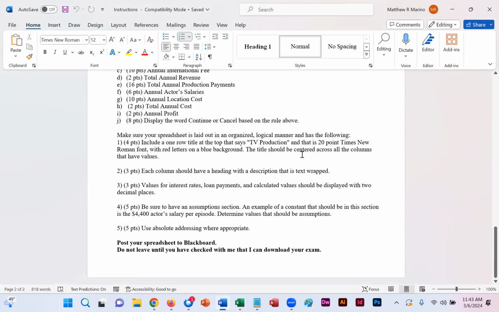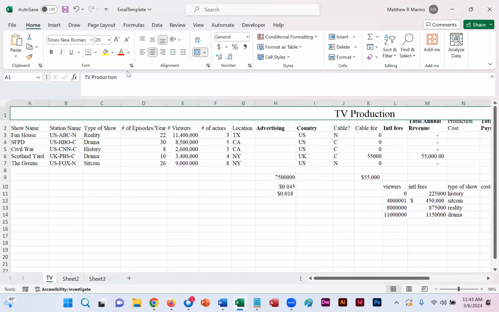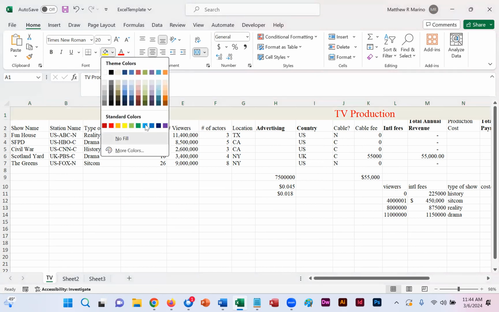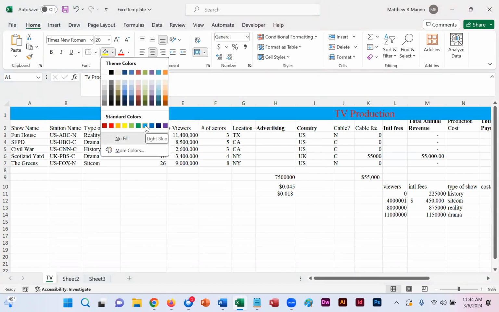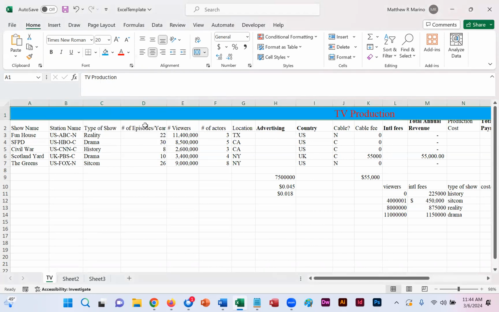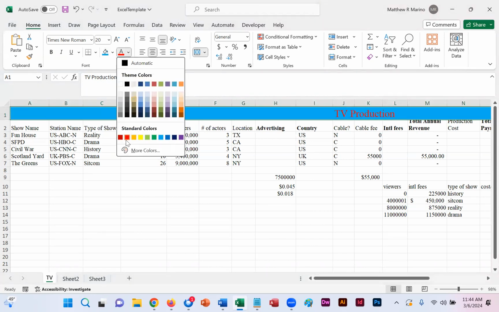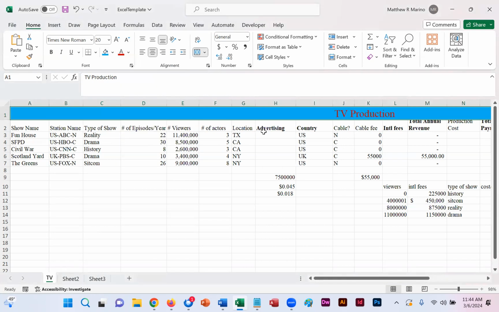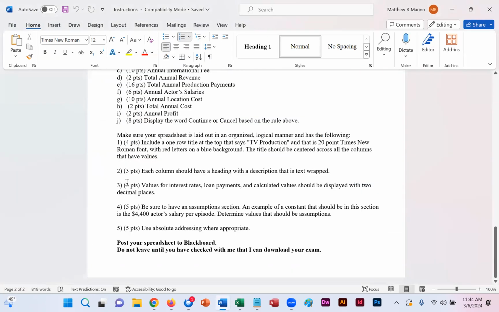And then it says red letters on a blue background. So I click to make the text red. And then the fill color for the background, I make blue. I'll make this a little darker red so it's easier to see. And then you'd get your 4 points for that.